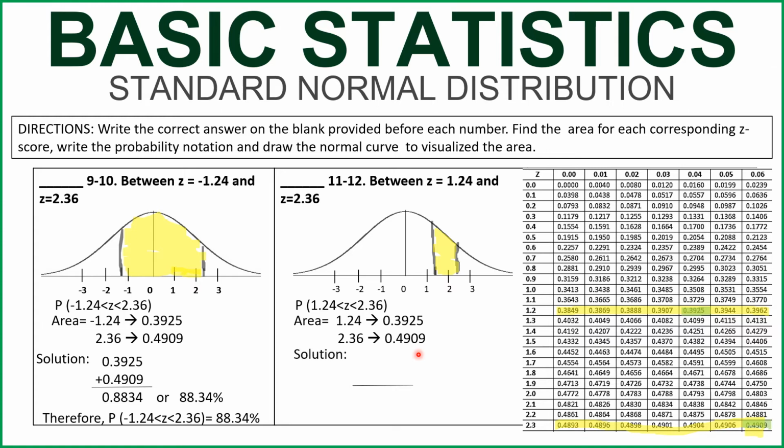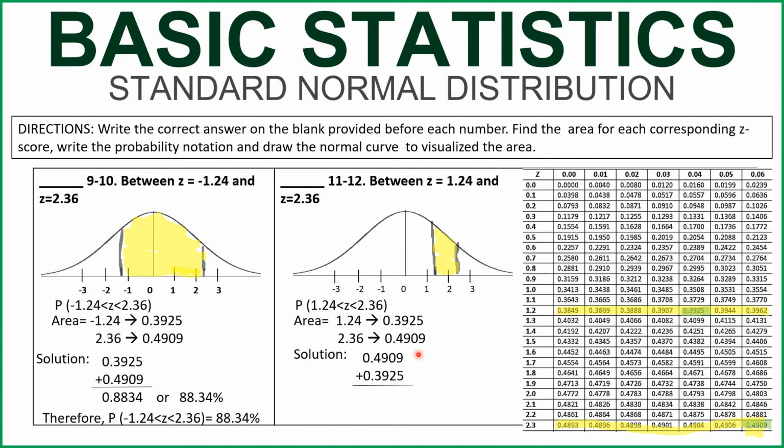So, solution na tayo. Paano natin malalaman kung i-add ba siya or i-subtract? Sa tingin nyo, ano yung operation? So, tama. I-subtract natin siya. We subtract 0.4909 to 0.3925.